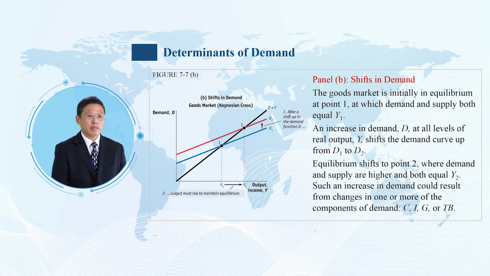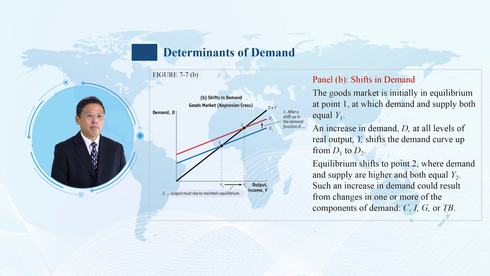This is a real depreciation, and through its effects on the trade balance TB via expenditure switching, it will increase demand D at any given level of home output Y. For example, Spanish consumers switch from foreign goods to American goods when the US dollar depreciates. This change causes the demand function D to shift up, as in Figure 7-7, panel B. The lesson: any change in the exchange rate will cause the demand curve to shift.